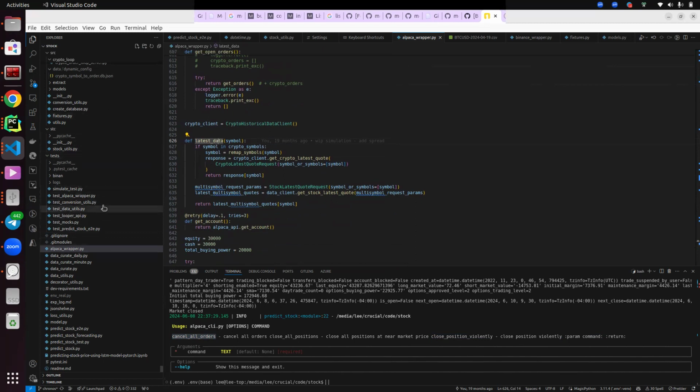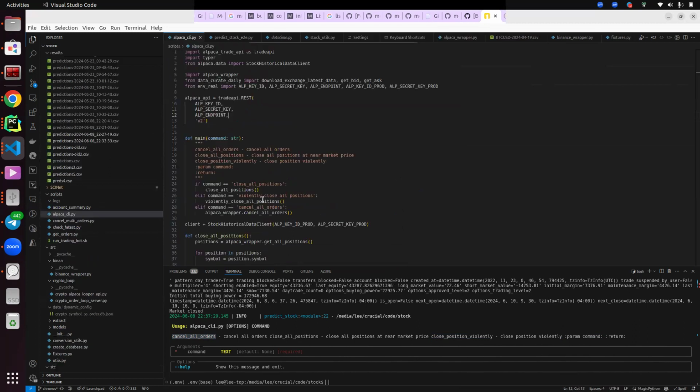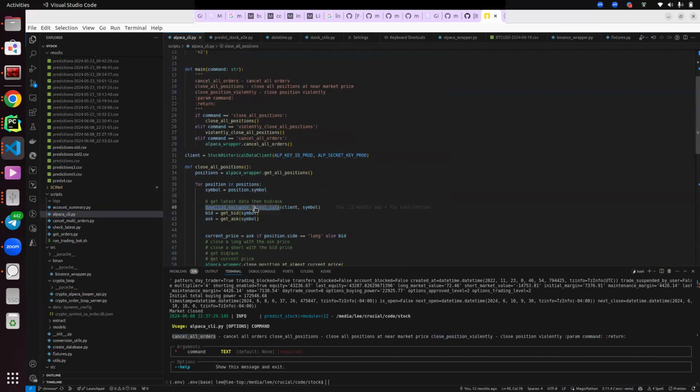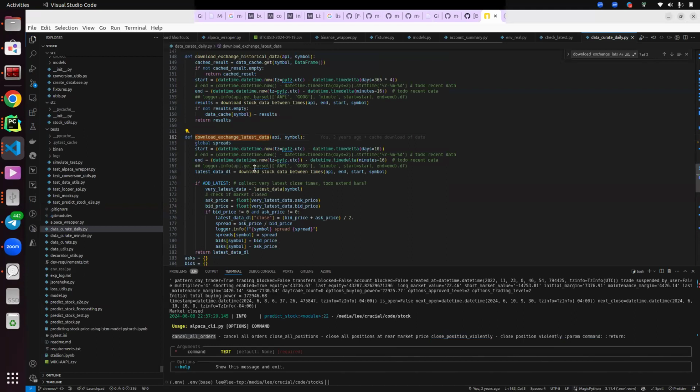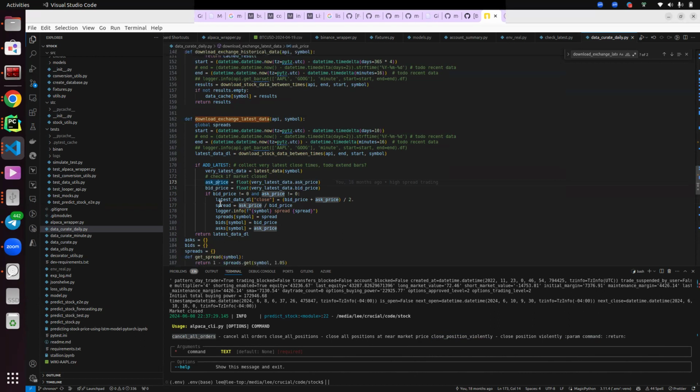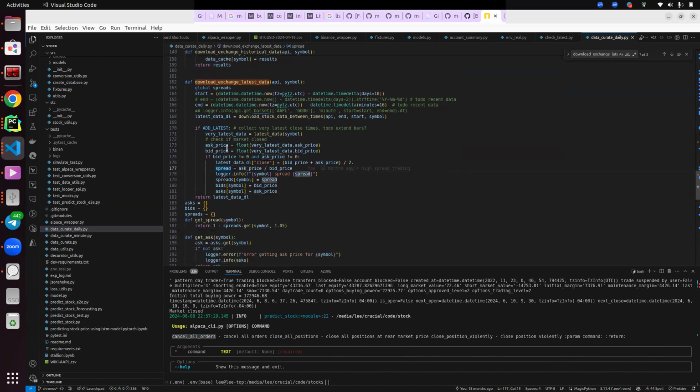It's some basic API stuff. This is close all positions. It's just a basic ask price, obviously depending if you're selling, if you're in the spread.